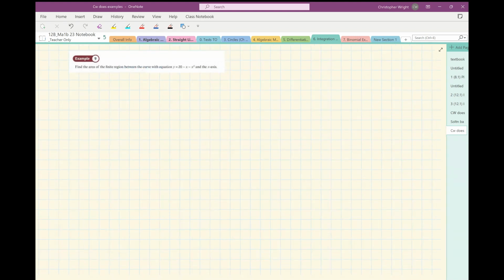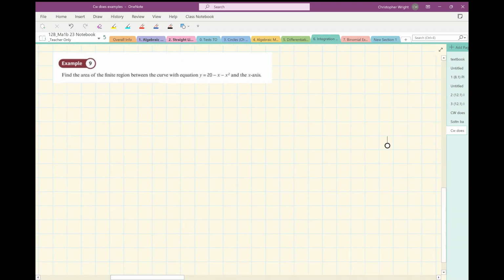Example 9. We've got to find the area of the finite region between the curve with that equation and the x-axis. Well, let's just sort out what we're being asked to do here. It would be quite useful to have a sketch. So in order to sketch this curve, I'm going to factorize the right-hand side.